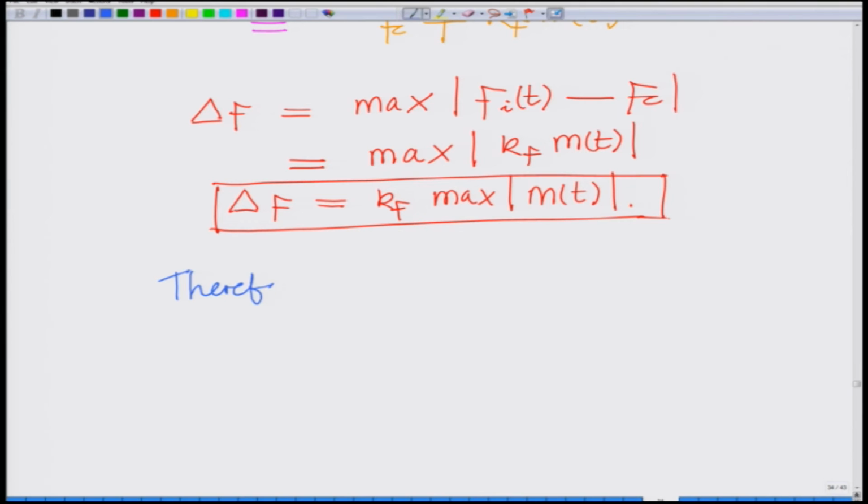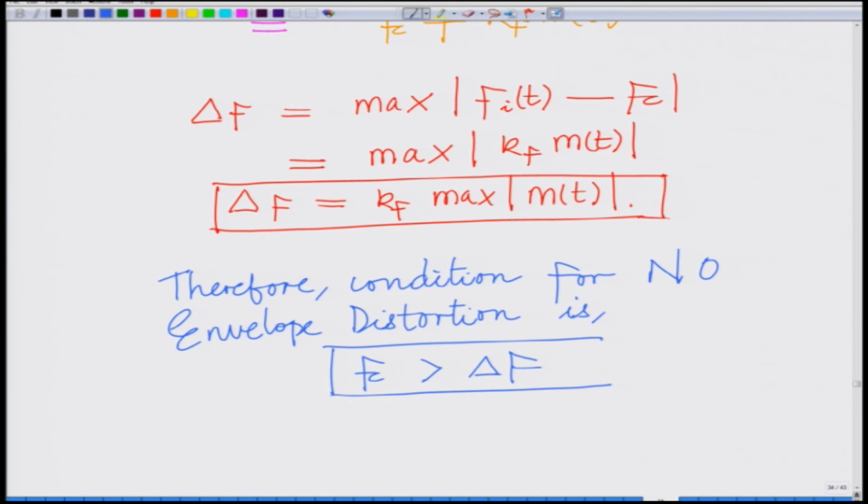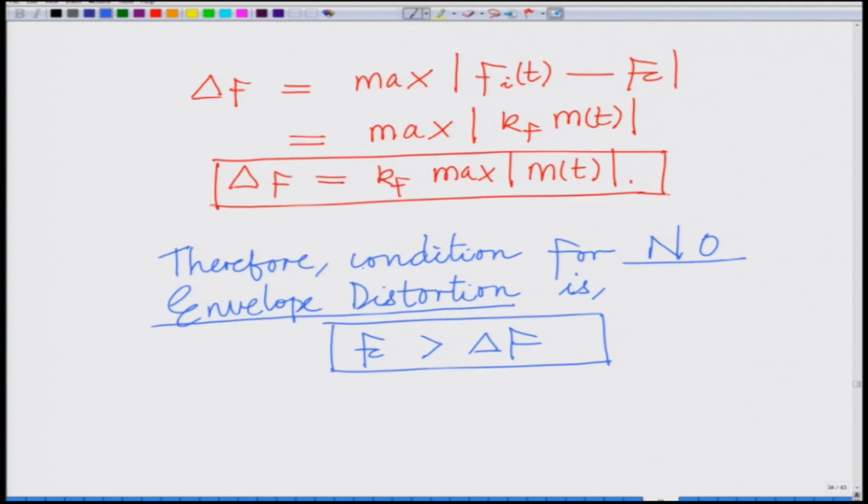Very interestingly, the condition for no envelope distortion is basically Fc greater than delta f.